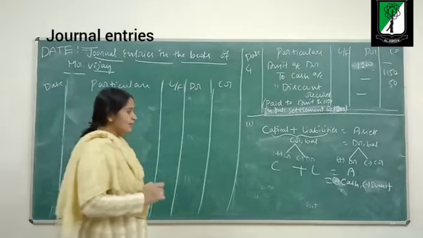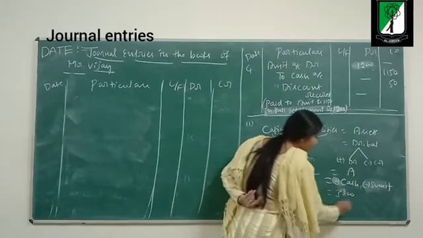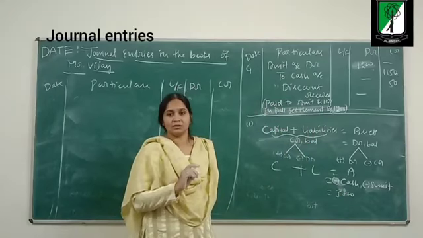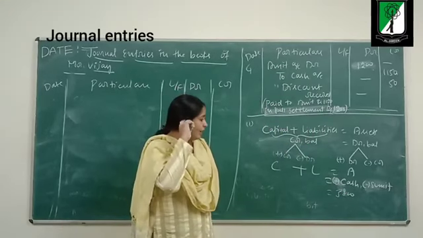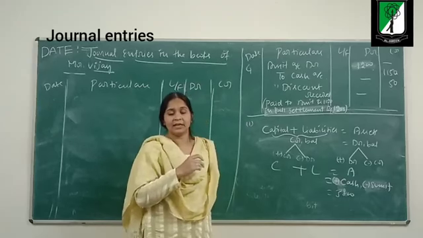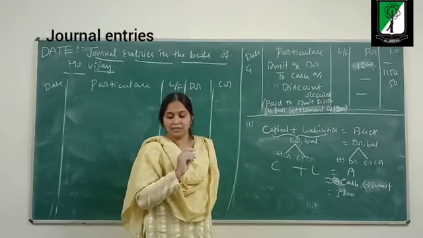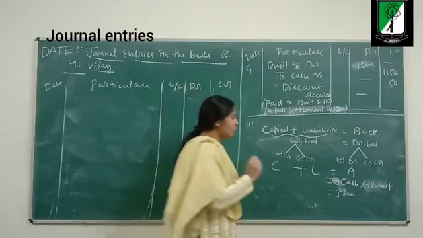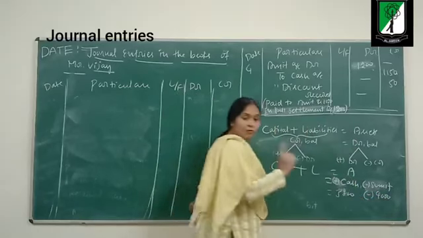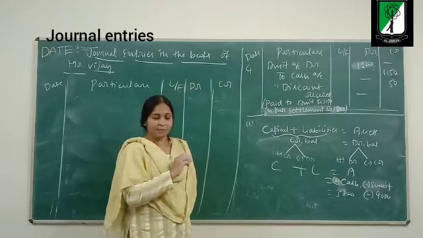He has paid 3,800 in cash, but how much did he actually have to pay? 4,000. Now we are accepting 3,800 in full settlement of rupees 4,000. We are fully settling his account.